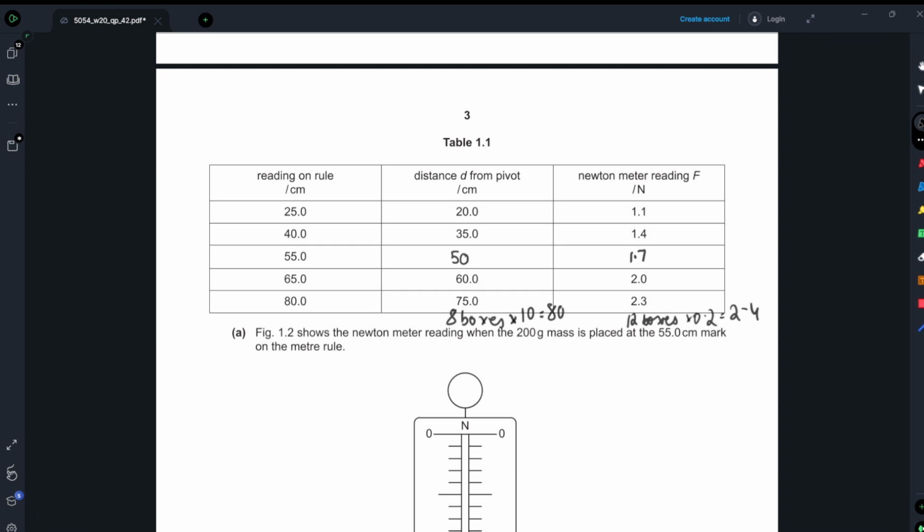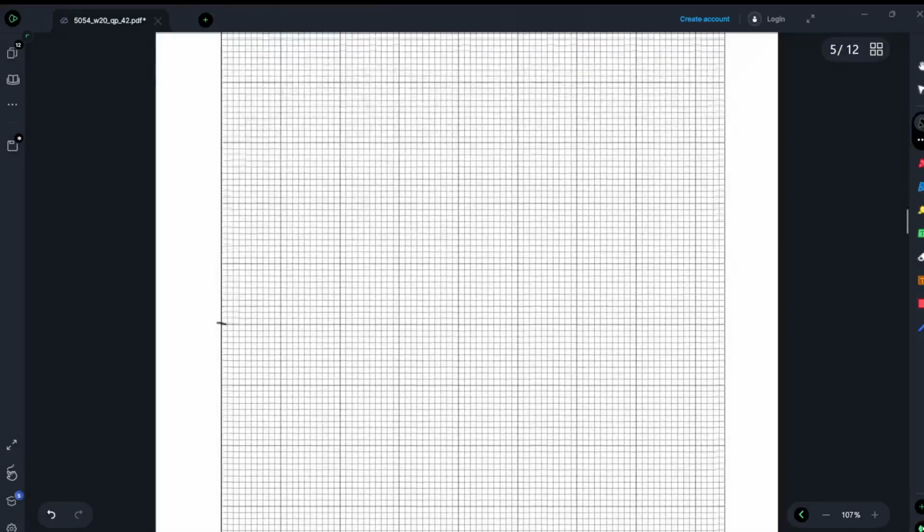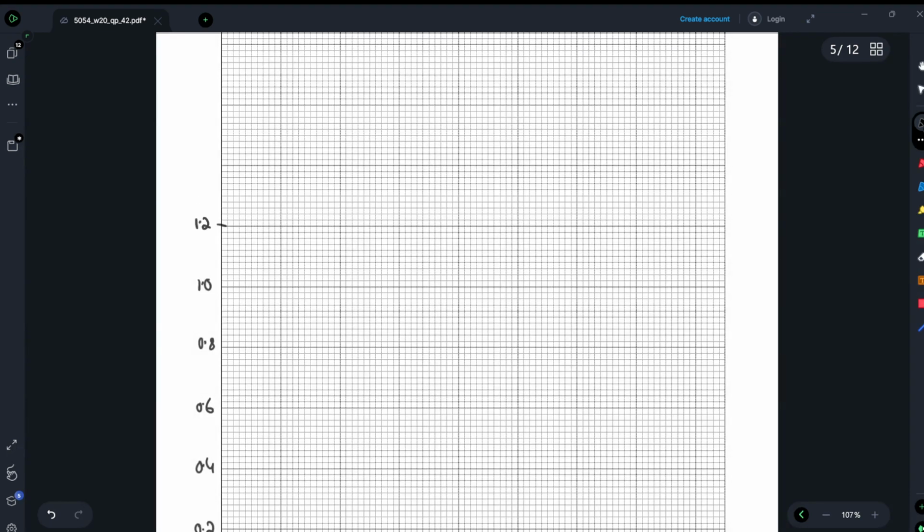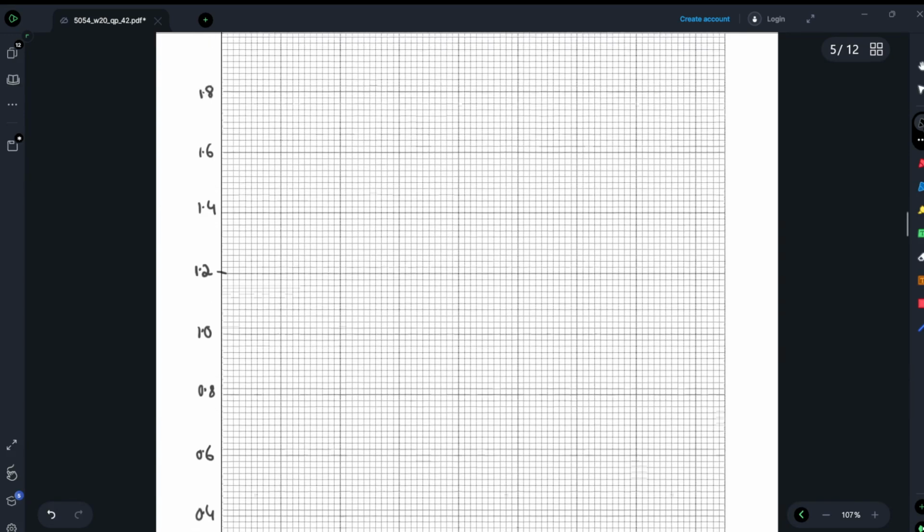So my one big box is going to be 10 units on the x-axis, which is d. And my one big box is going to be 0.2 units on the y-axis. Okay? So यहाँ पे it's going to be 0.2, 0.4, 0.6, 0.8, 1.0, 1.4, 1.6, 1.8.